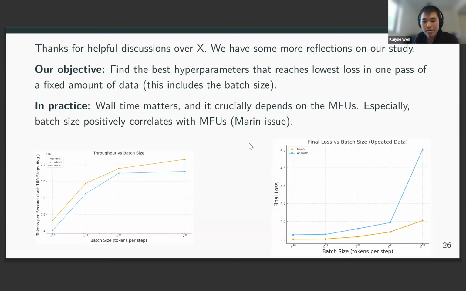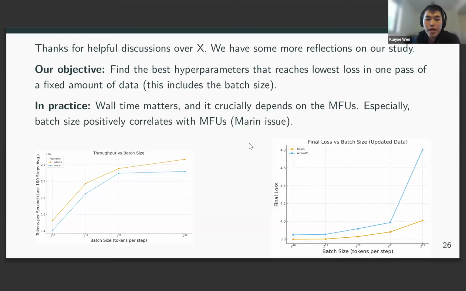Thanks to some helpful discussion on Twitter, we have some reflections on our study. Our objective in this particular paper is to find the best optimizer fixing the isoFLOP. So we just target finding the best hyperparameters that reach the lowest loss in one pass using a fixed amount of data, which includes the batch size.